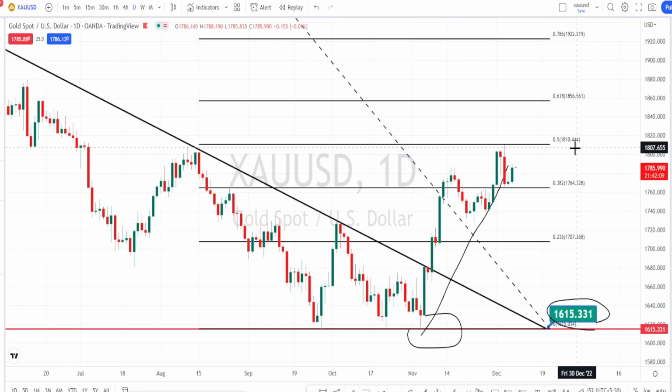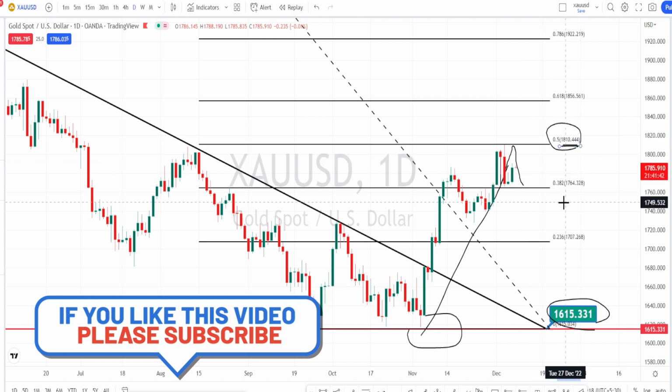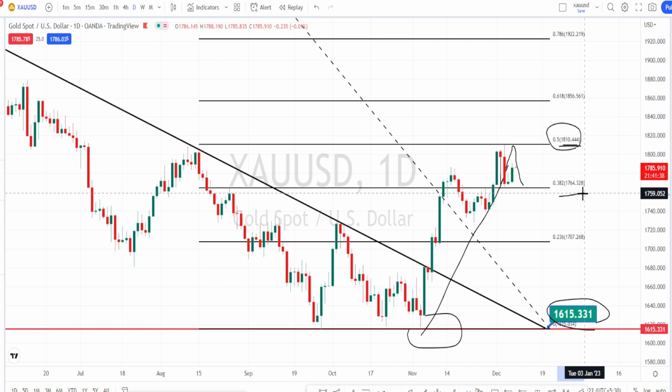And here we can clearly notice that it has retraced up to the 0.5, which is around 1810, and we are noticing the price action to move on a sideways momentum trading within this resistance level of 1810 and support level of 1765 or 64.